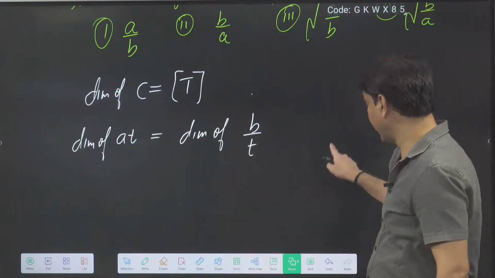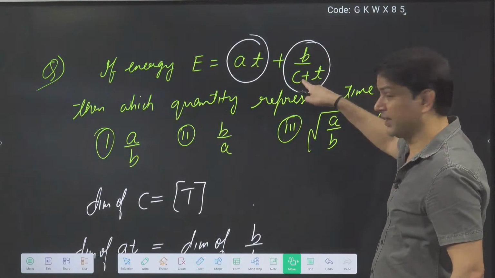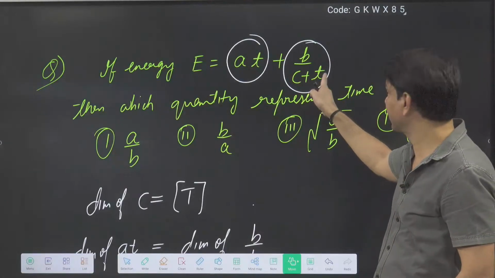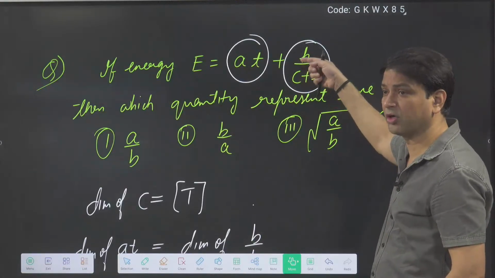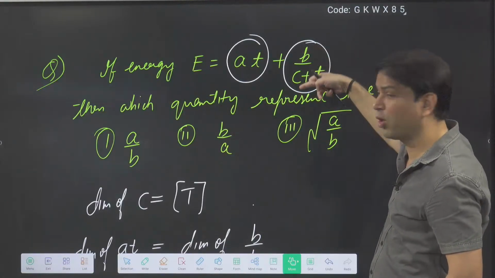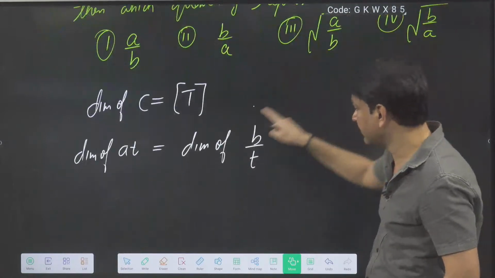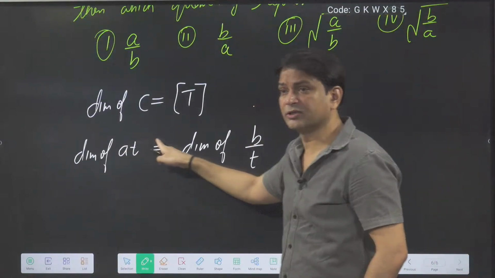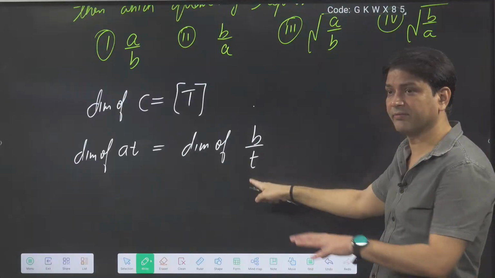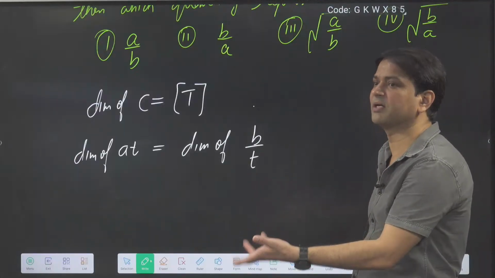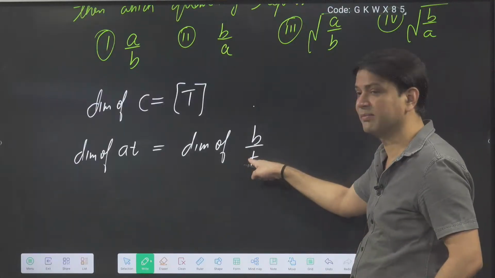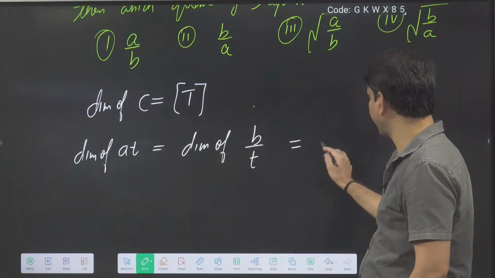T. Here I have written B upon C plus T. C plus T, what is the dimension? T. So in terms of dimension, I can write it as B upon T. So that's why I'm saying the dimension of At is equal to the dimension of B upon T. Everybody got this or not? C plus T is there, but the C plus T dimension is T dimension. That is equal to the dimension of energy.